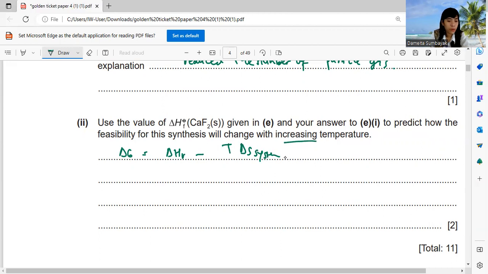When you increase the temperature, of course, the delta G becomes more positive, and the T delta S will be more negative. Or we can say it is less spontaneous or less feasible.